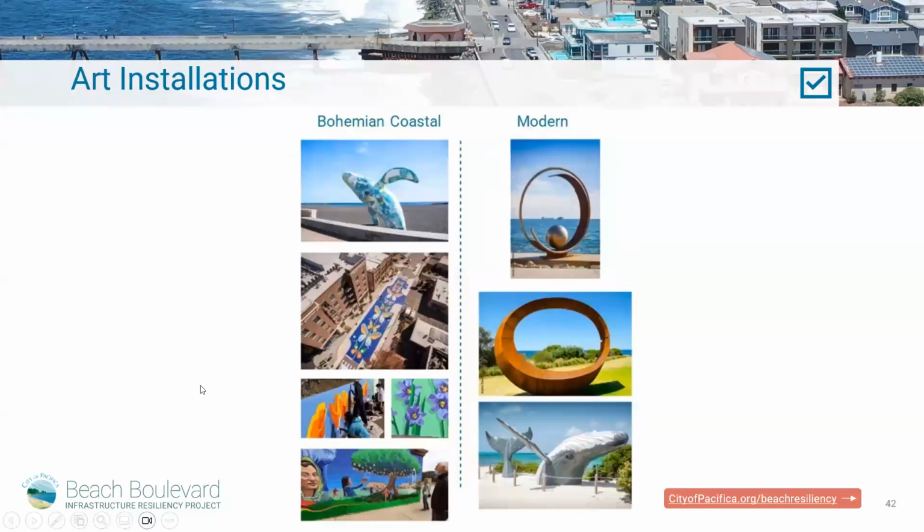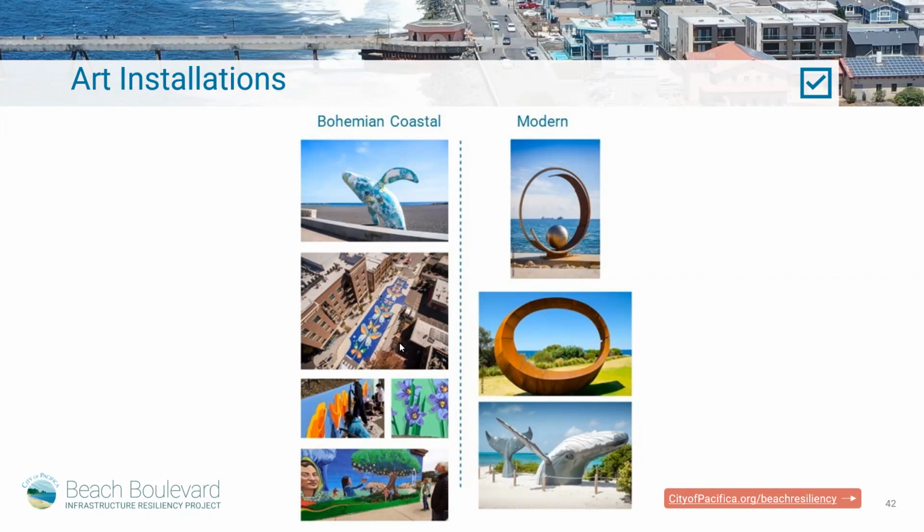You're juggling a lot here, Matt, between clicking and clicking. So art installations, again, you can see a clear contrast here between the Bohemian style and the modern when it comes to potential stylings and form and line that we used for either option.